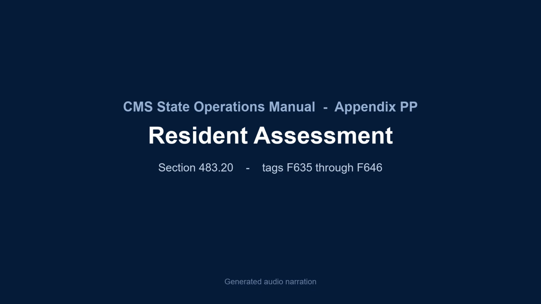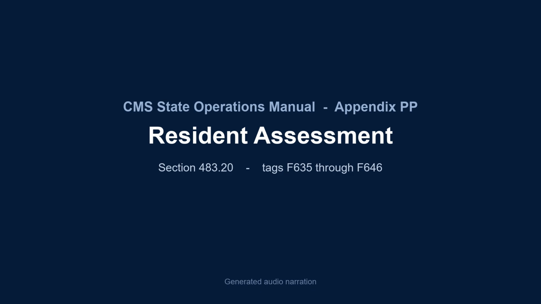Level II PASAR is a comprehensive evaluation conducted by the appropriate state-designated authority that determines whether an individual has MD, ID, or a related condition, as defined above, determines the appropriate setting for the individual, and recommends what, if any, specialized services and/or rehabilitative services the individual needs.